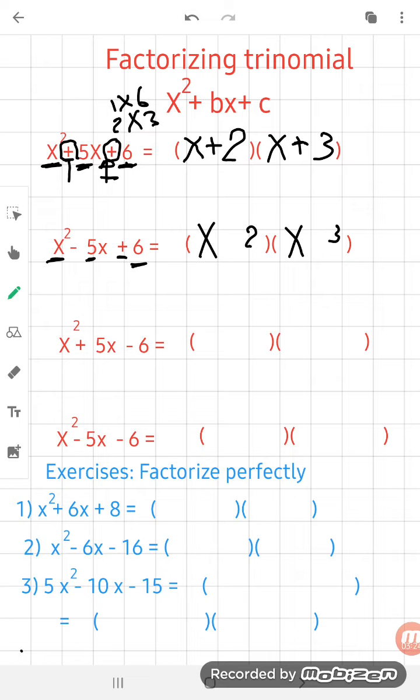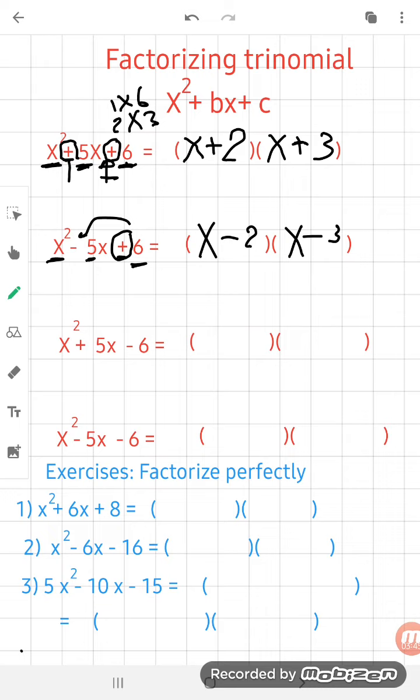Last thing, the sign. We said before, when the last sign is positive, the two signs are same as the middle, but here the middle sign is negative, so we put here negative and negative.